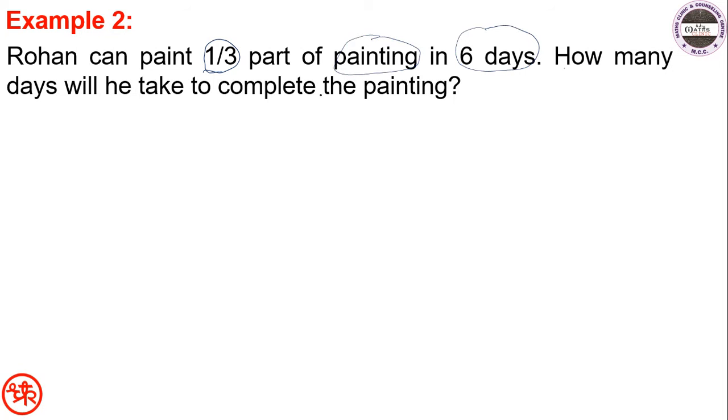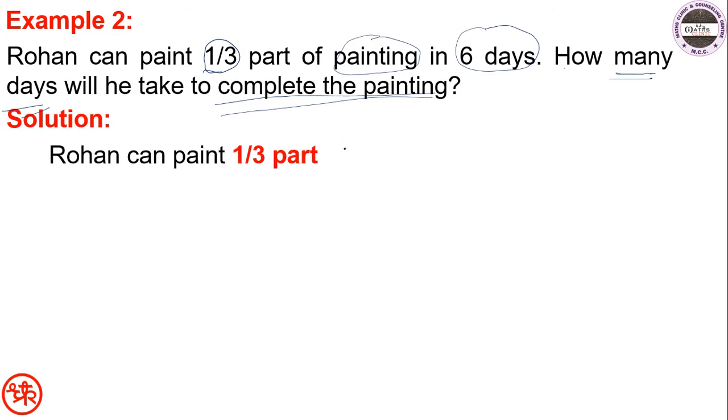So how many days will he take to complete the painting? Okay. So it is a very simple example. Okay. So let us see. Rohan can paint 1 by third part of painting in how many days? 6 days. Is that clear?